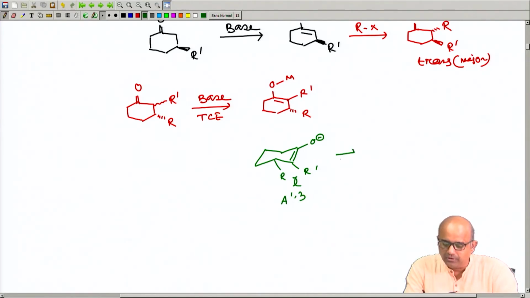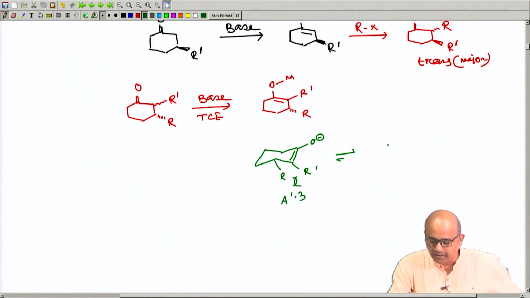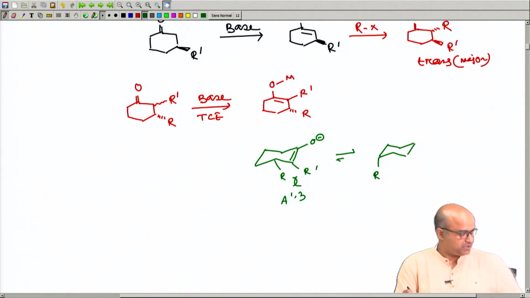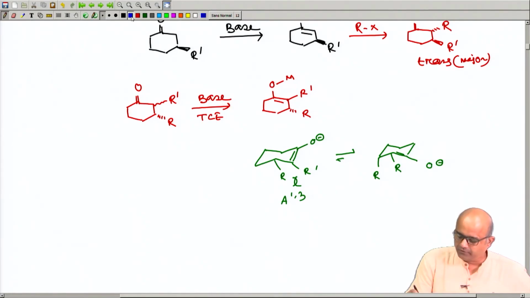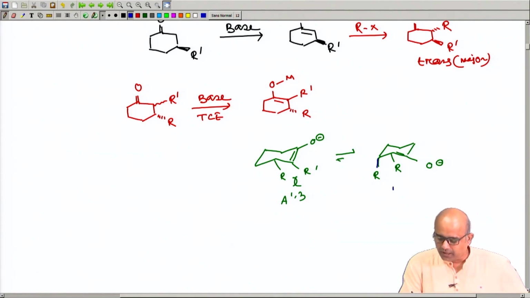So, this molecule usually tries to adopt a conformational switching, where this R group tries to have a pseudo axial position, and then your enolate will be having this and having this. So, this might be a little bit of a preferred geometry, and once you have this, the axial attack will be preferred.